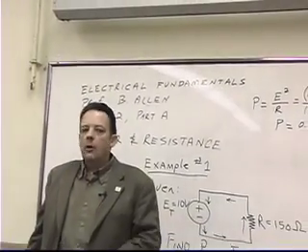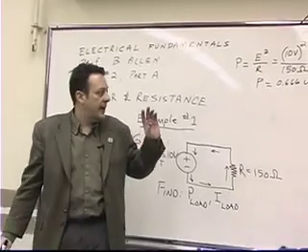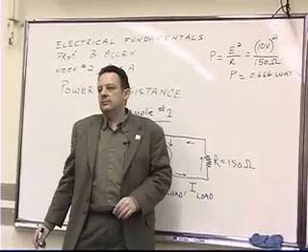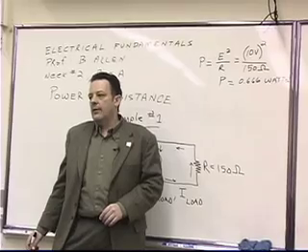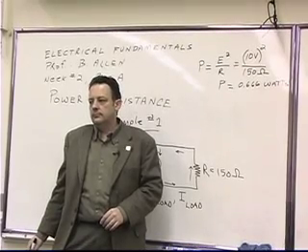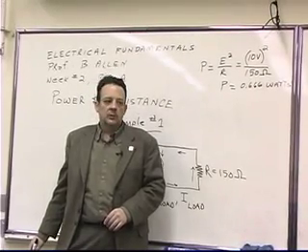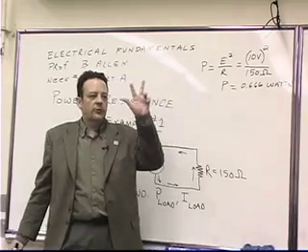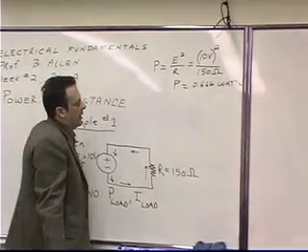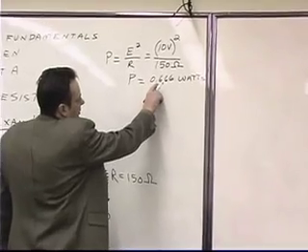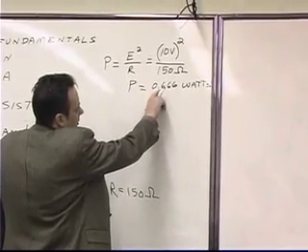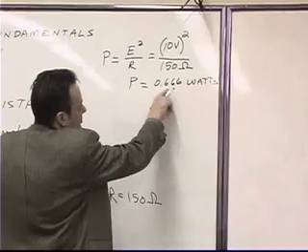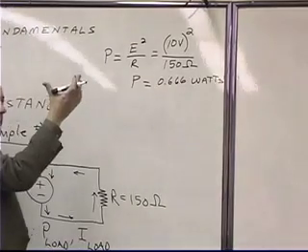Okay? Now what if I wanted to express that in milliwatts? What would I have to do to the decimal? You'd have to move three spaces. And would I move it to the right or to the left? Oh, to the right, because milli is going to be a bigger number, right?